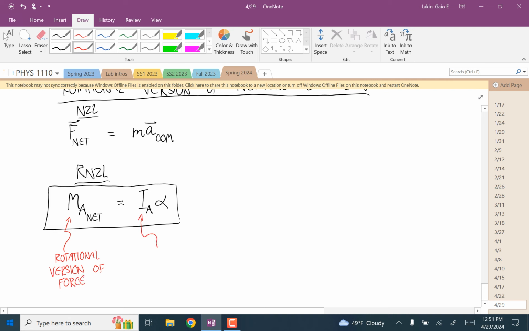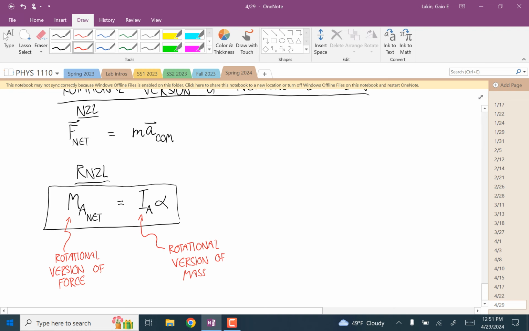And this I is the rotational version of mass. And obviously that angular acceleration is the rotational version of acceleration. And so if you can remember Newton's second law, you can remember this.